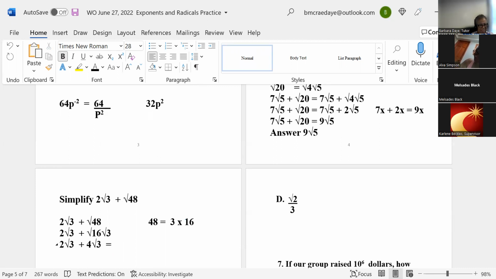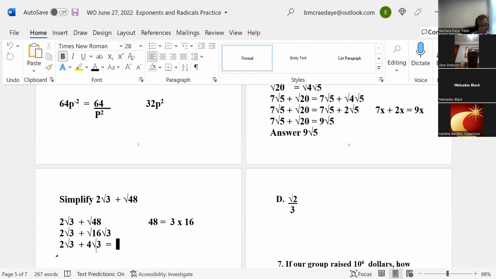4 plus 2, Mercedes. Your coefficients are 2 and 4. 2 plus 4 is what? 8?